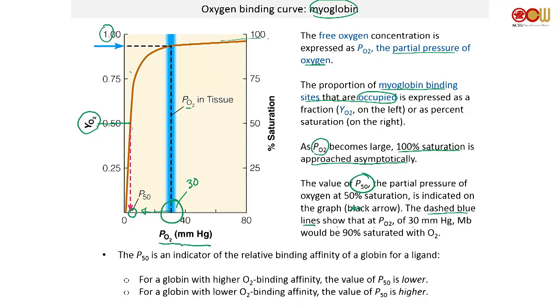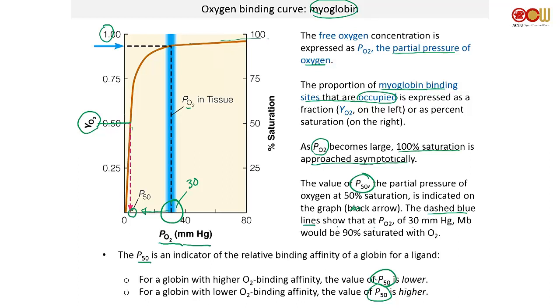Now, the reason why I want you to focus on P50 is that the P50 is an indicator of the relative binding affinity of globin for a particular ligand. So in this case, for a globin with higher O2 binding affinity, P50 is low. With a globin with lower O2 binding affinity, P50 is high.